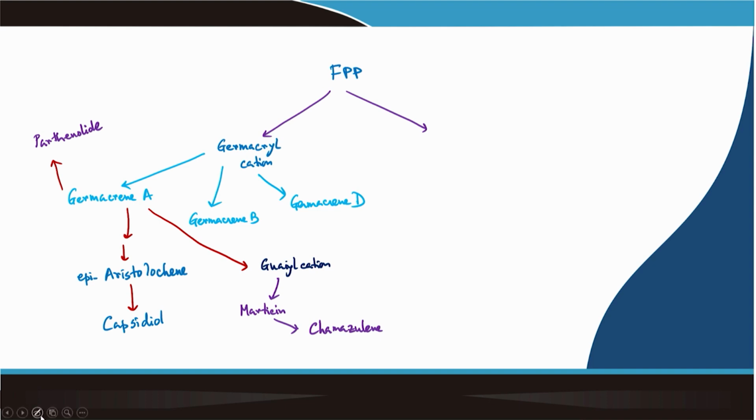So, the scientific name of the plant is Matricaria chamomilla, which is called German chamomile.